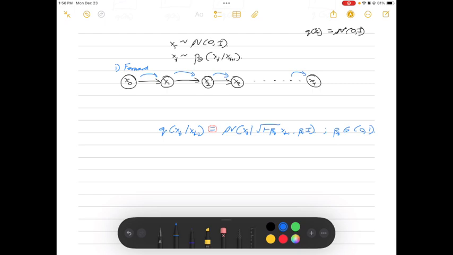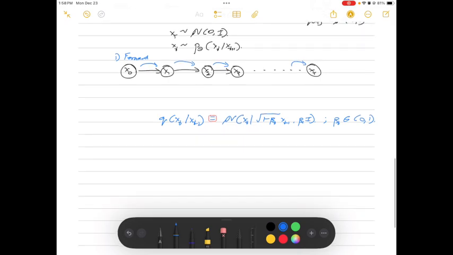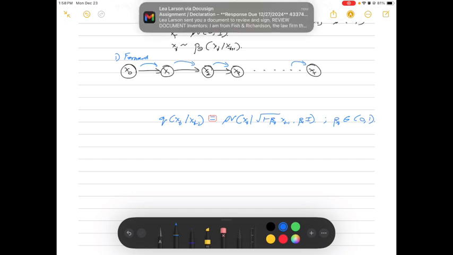So I can easily see here that I am iteratively perturbing data by adding a small amount of noise to the previous sample, controlled by the variance as well.